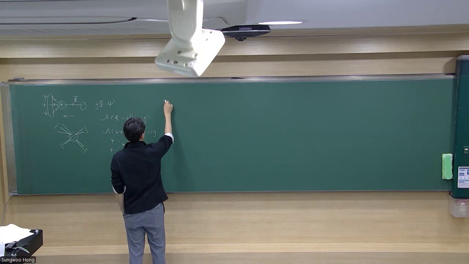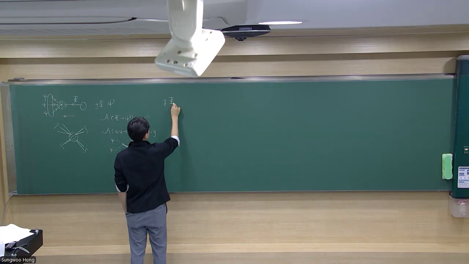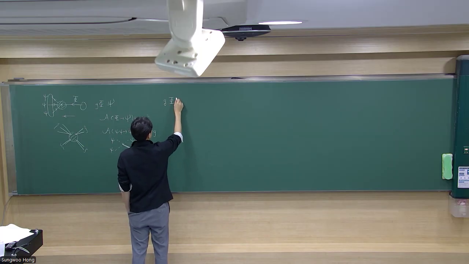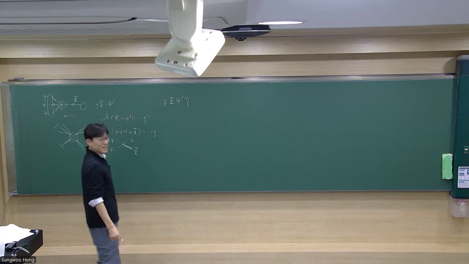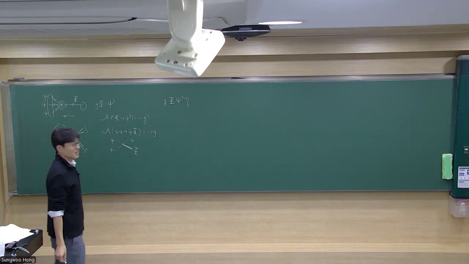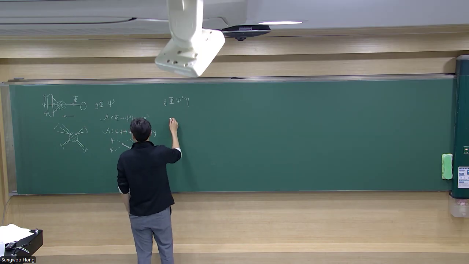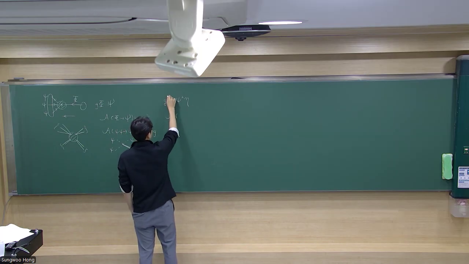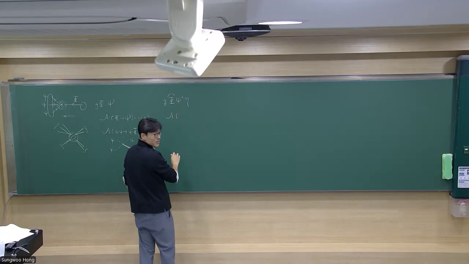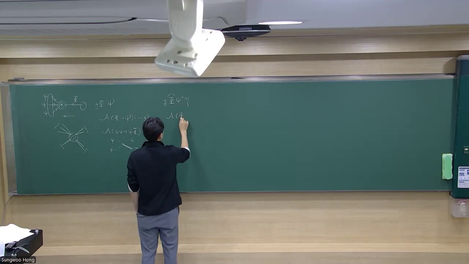What else? Let's check another one. Let's consider phi squared eta. All scalars. Okay, we love scalars. So this is a heavy guy, and these are two light guys, possibly different mass.